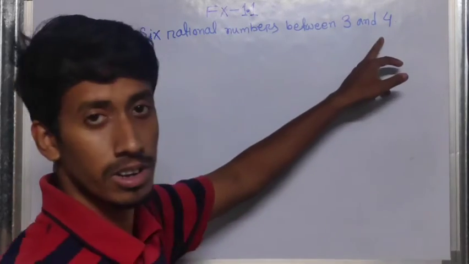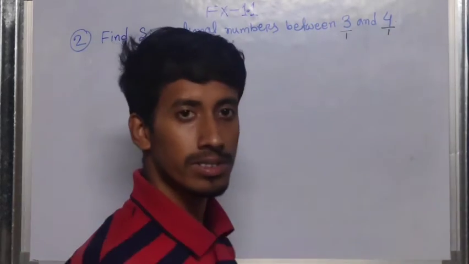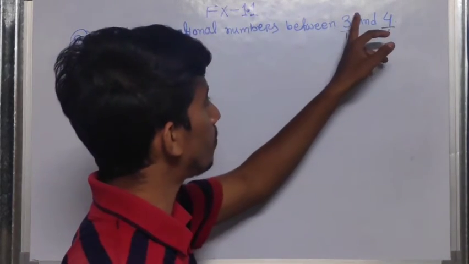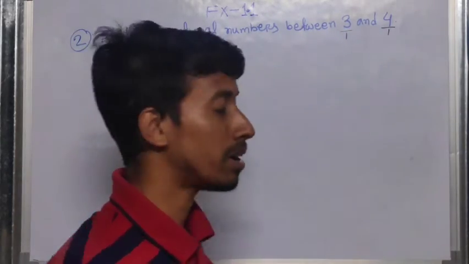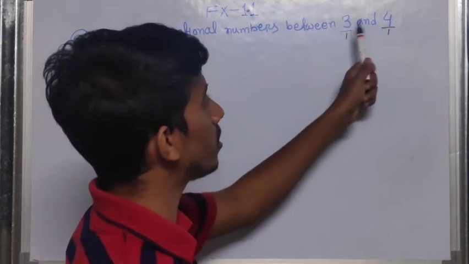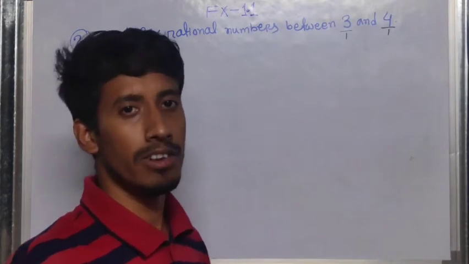Here 3 and 4 can be written as 3 by 1 and 4 by 1, which is the form of p by q, so they are also rational numbers.